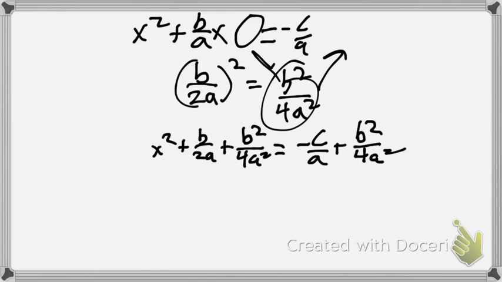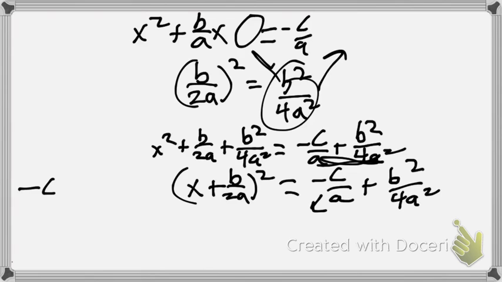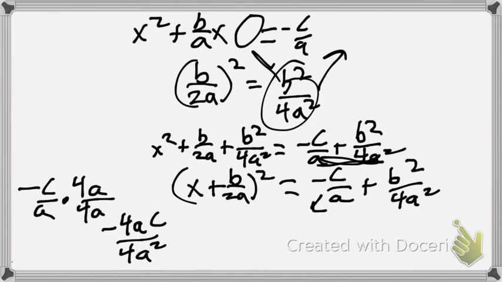So our next step is going to be to try and straighten up that right-hand side. We need to add those two fractions together. So we're going to take that negative c over a, and we're going to multiply it by 4a over 4a. That's going to give us that common denominator of 4a squared.